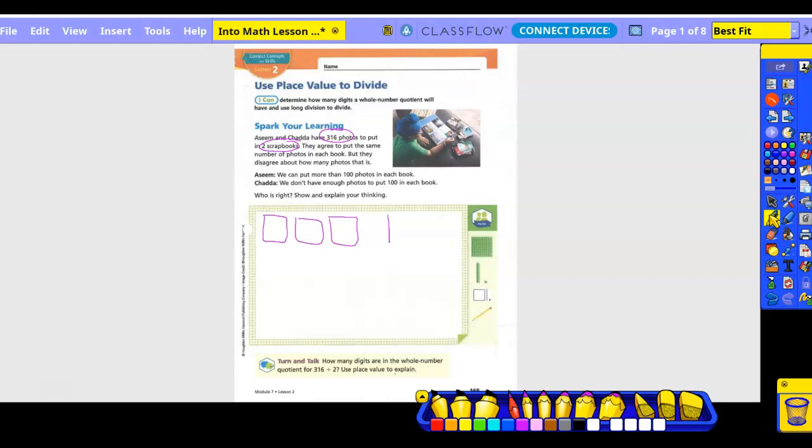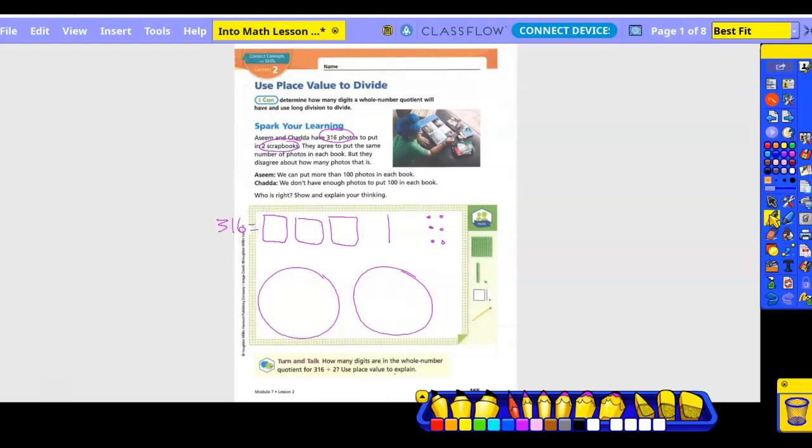And how many small cubes or ones? 6. Now, how many groups am I going to have? 2. So I'm going to have 2 big circles. And we used to say that this equals 316, right, guys?